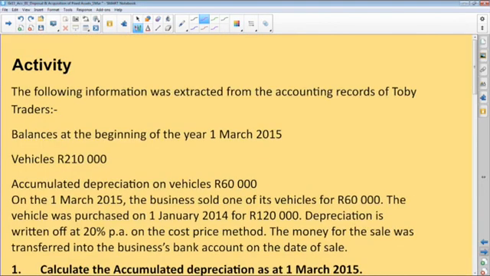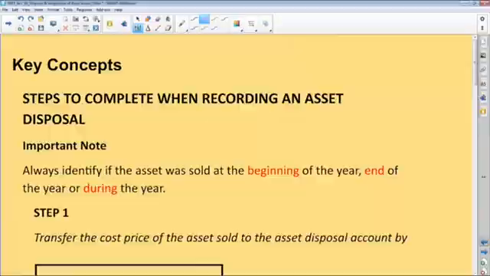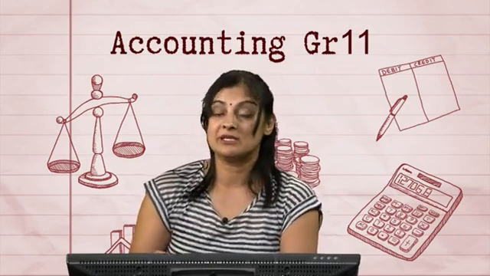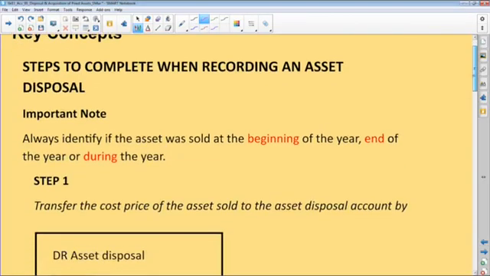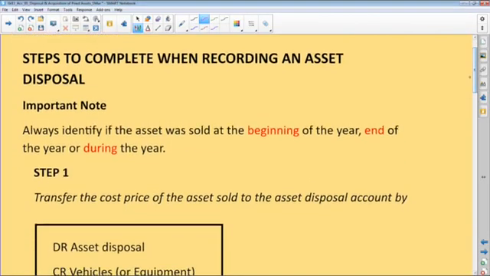Right, okay, guys, very, very important what I'm about to discuss: certain steps that need to be followed when completing asset disposal. Let's look at these key steps. The first thing I want to remind you of is that when recording an asset disposal, please take note of the date of sale.